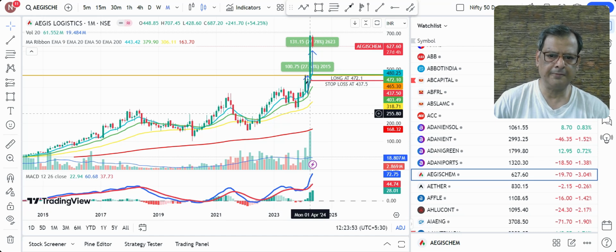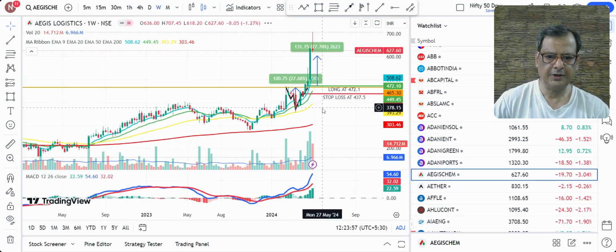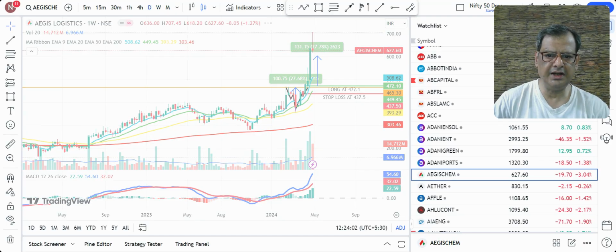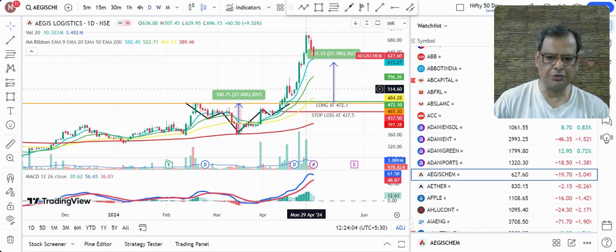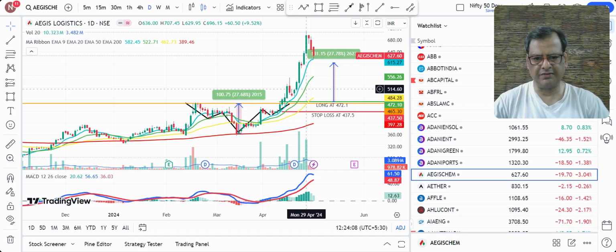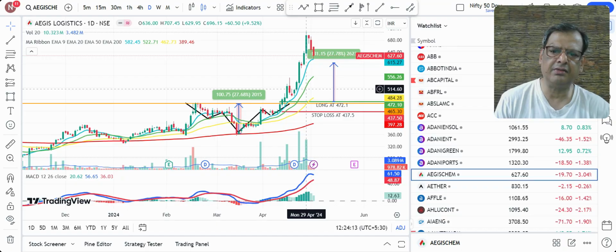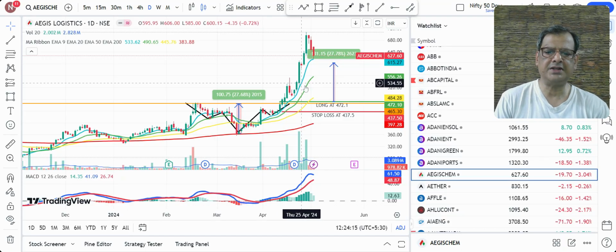This is also positive. So monthly is positive. Weekly, I'm talking about last week, is positive. And daily, I'm looking up to 29th April only. I haven't gone into May. So if all three are positive, then it obviously makes sense for you to go long.